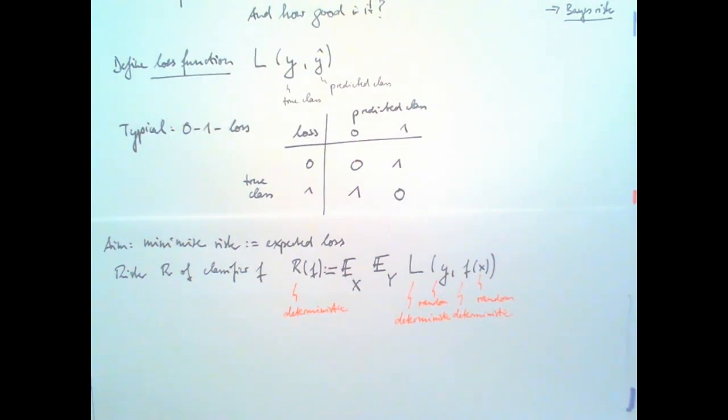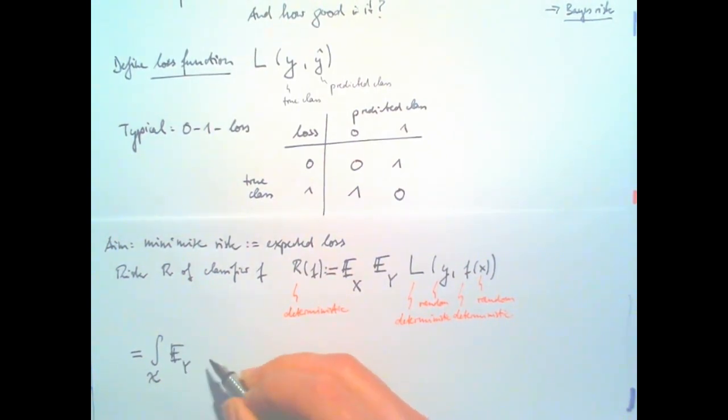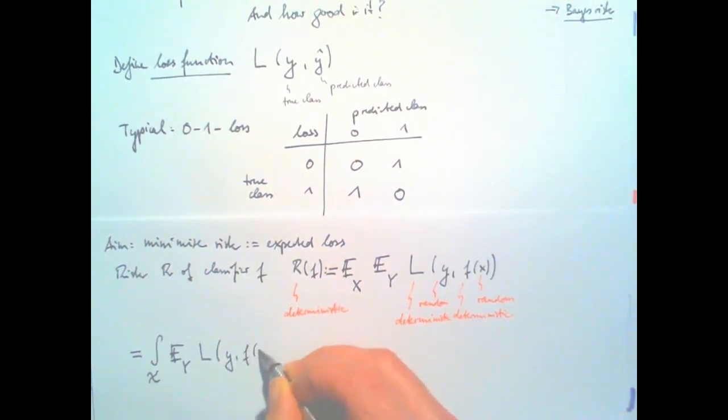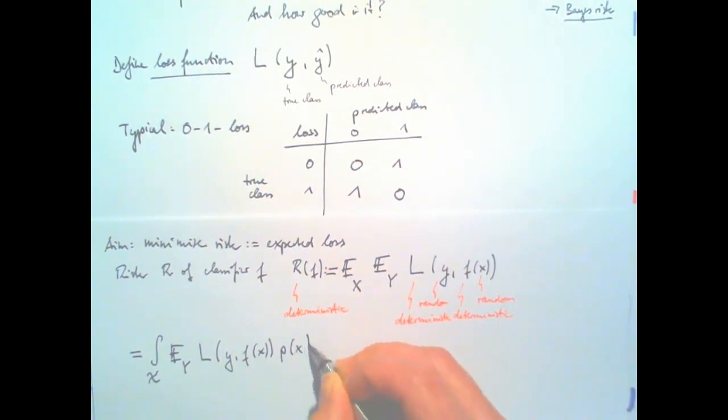Okay, and assuming a continuous feature space, I can write that as an integration over all of my feature space X. Integral of the expectation of Y of this loss function, weighted.